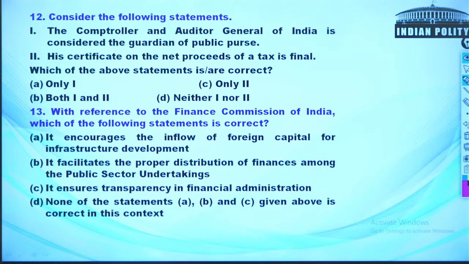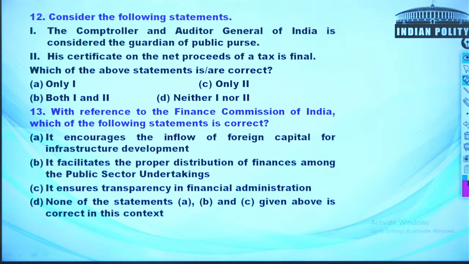Net tax proceeds means total collection of tax minus the cost of collection. So whatever the CAG declares is final upon the government. So both statements are correct. B.